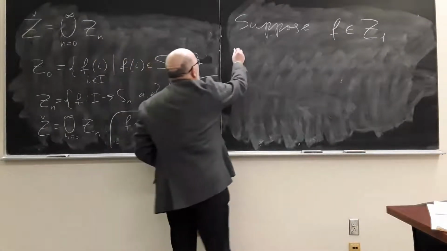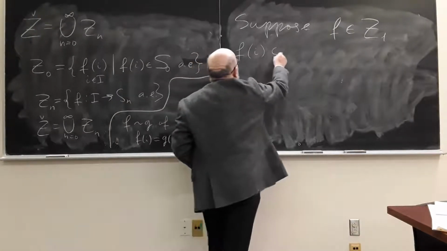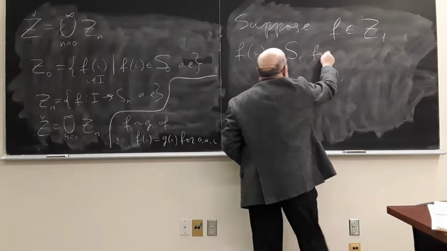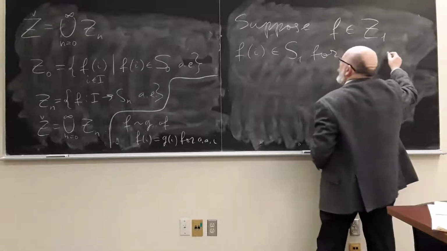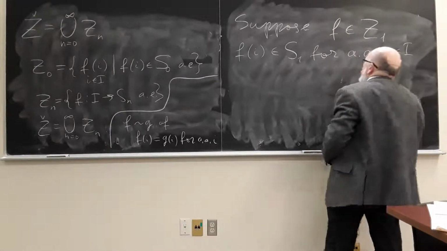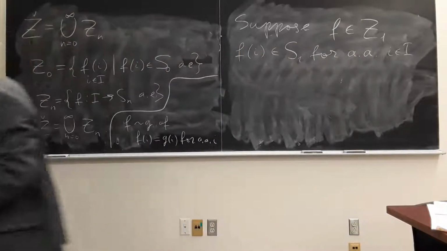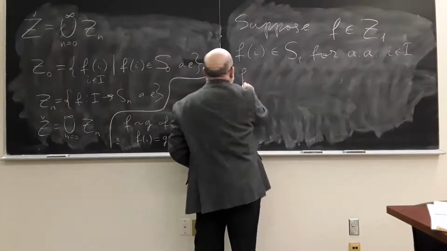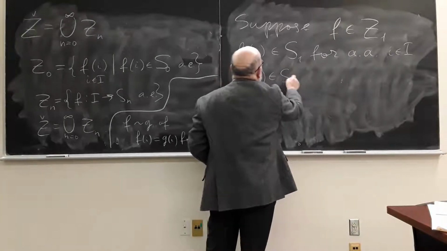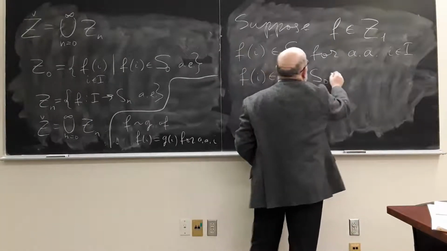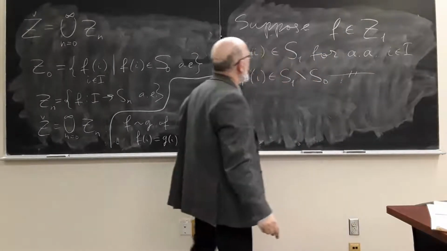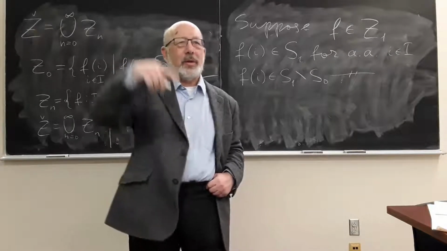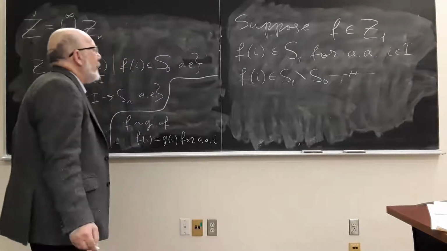It means that f of i is in S1 for almost all i in I. And to avoid trivialities, I better write f of i belongs to S1 minus S0 for almost all i, because if it is in S0, we have already defined it. So let us go one step up.